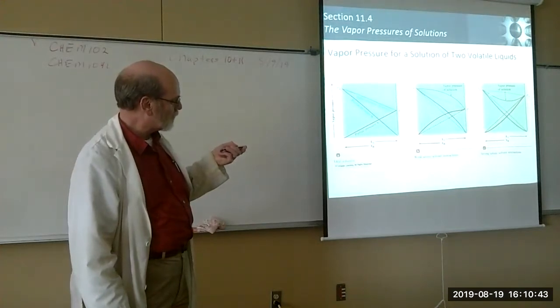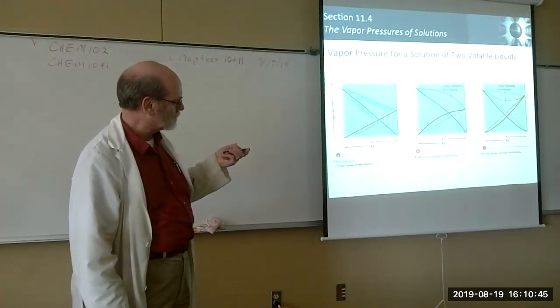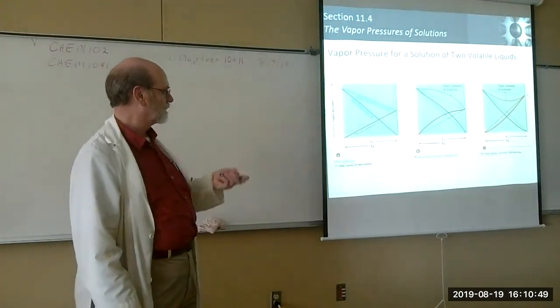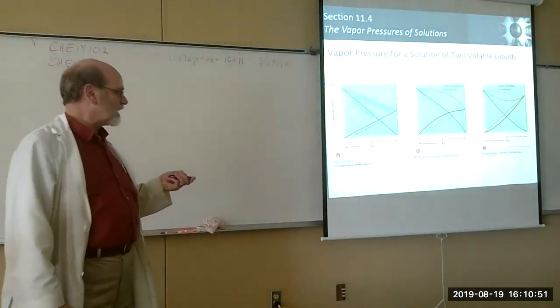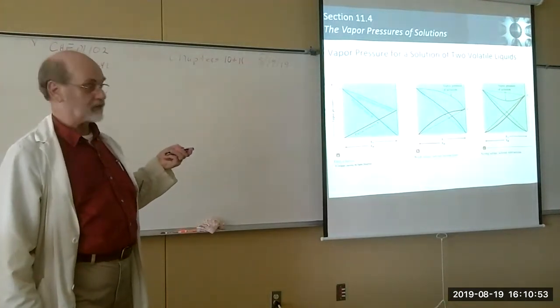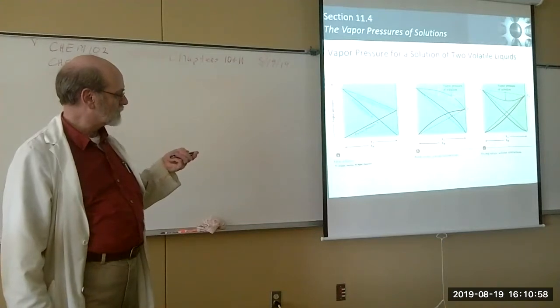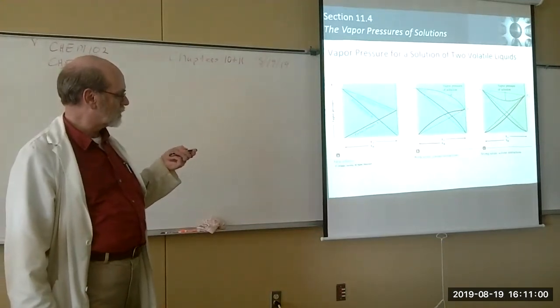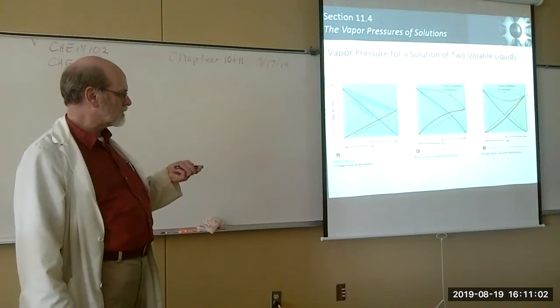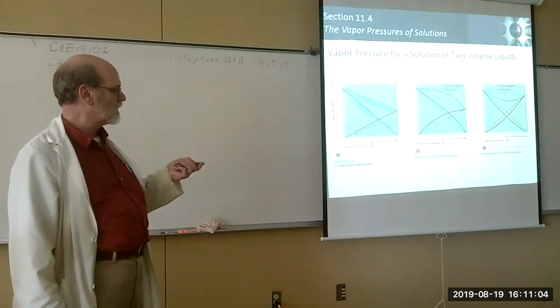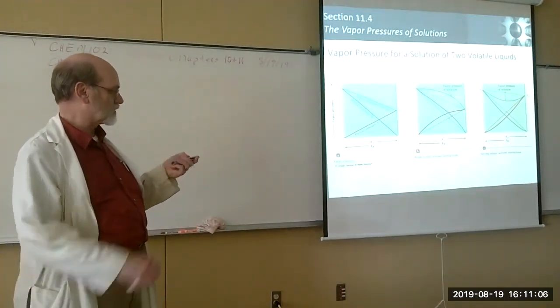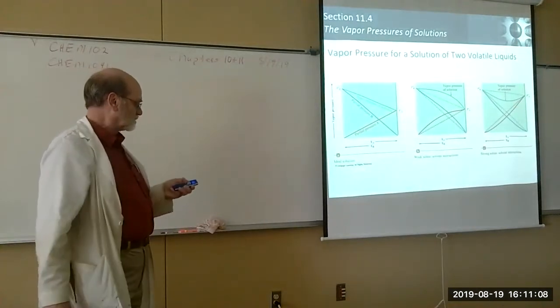Then you get a depression in the vapor pressure curve, like that. If there's a weak interaction, or even a repulsion for that matter, you get this convex versus concave interaction. So this signifies a strong interaction between the two. This signifies a weak interaction between the two.